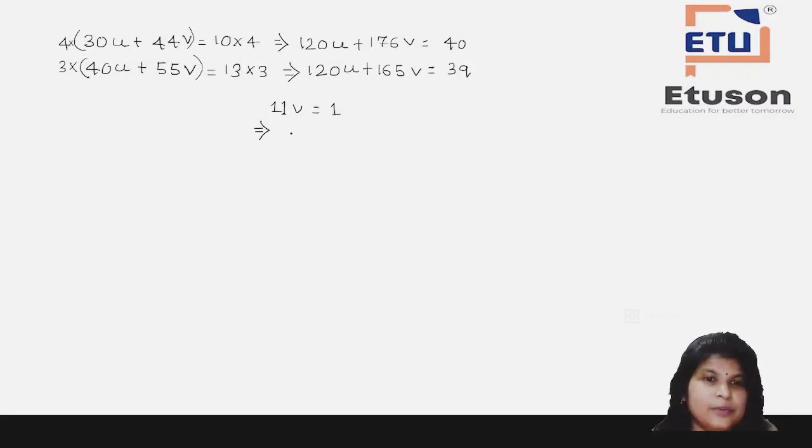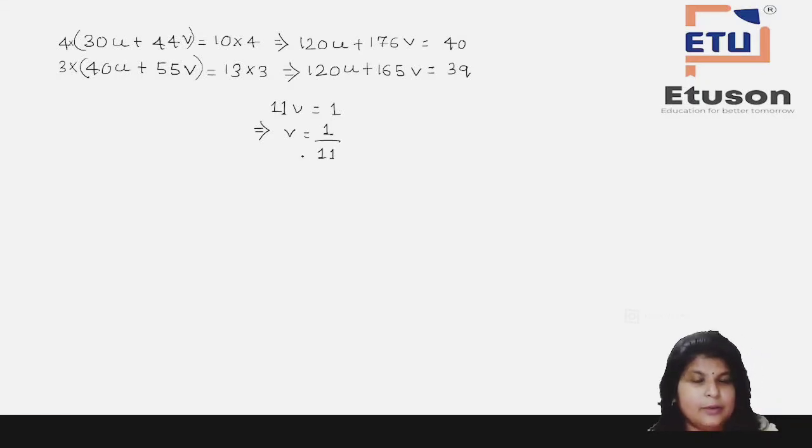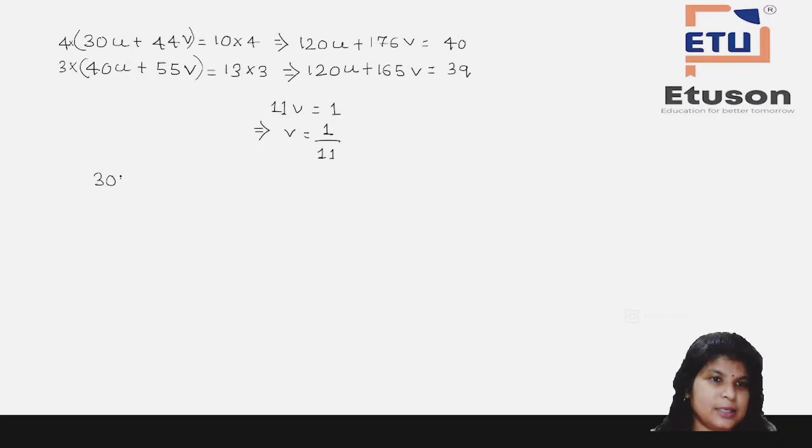And what is the v value? v is equal to 1 divided by 11. Now I will substitute this value of 1 by 11 in any of the equations. I am just taking 30u plus 44v is equal to 10. Now substitute v is equal to 1 by 11.